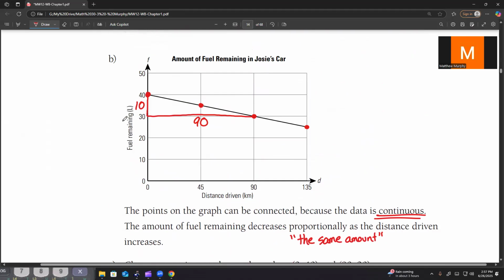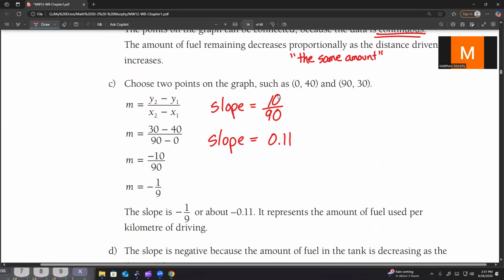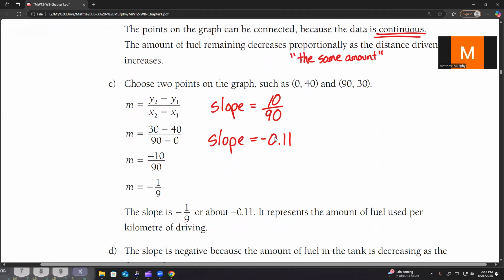But if you want, instead of seeing this as a drop in 10 and positive over 90, what you can do is just go 10 divided by 90 and know that it's decreasing. So just add the negative. I'm okay with you doing that.